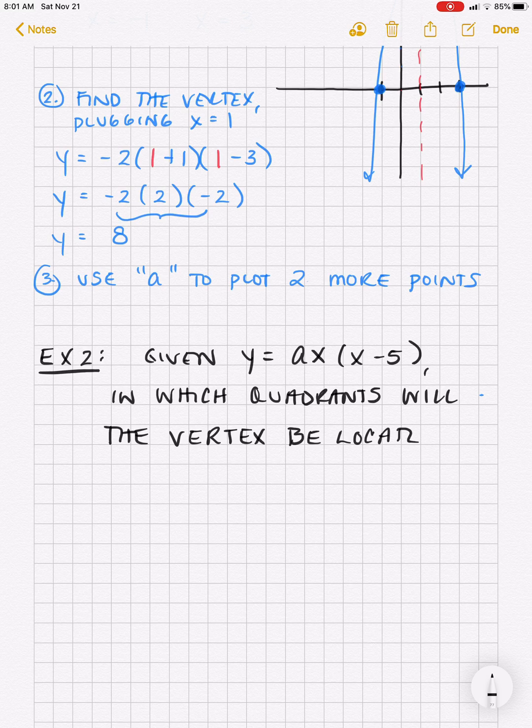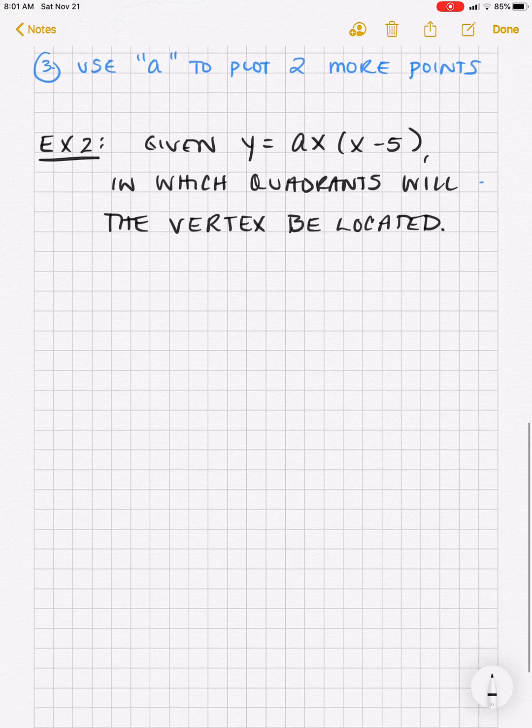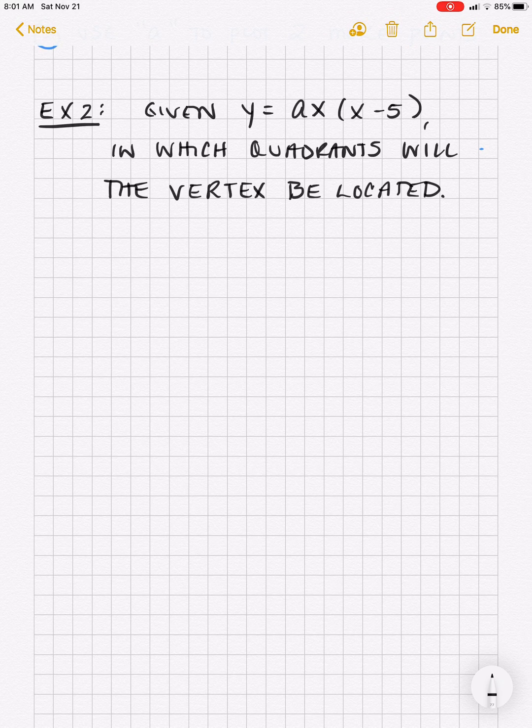Just since you're getting all of this from a video and we're trying to do all of this work virtually, I just want to throw in an extra example to make sure that we understand these problems. Hit pause if you need to take more time to copy this down.